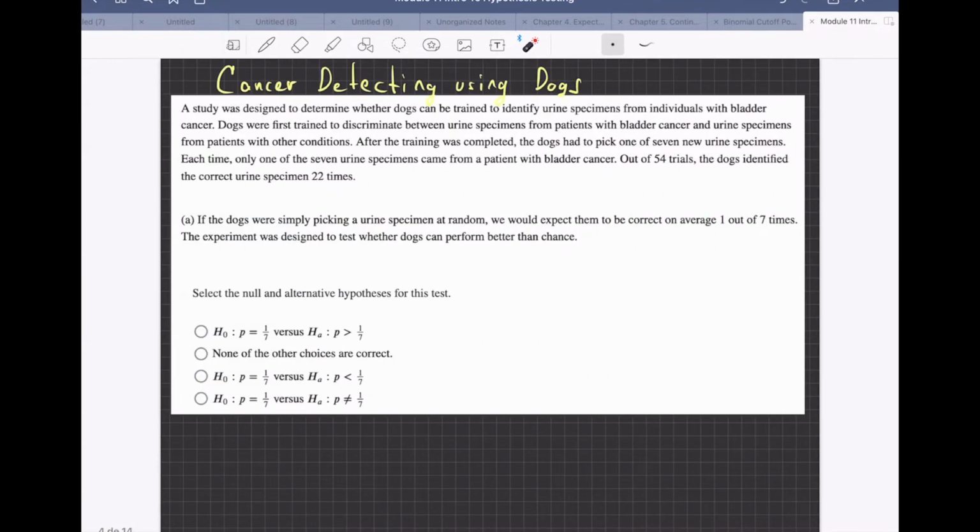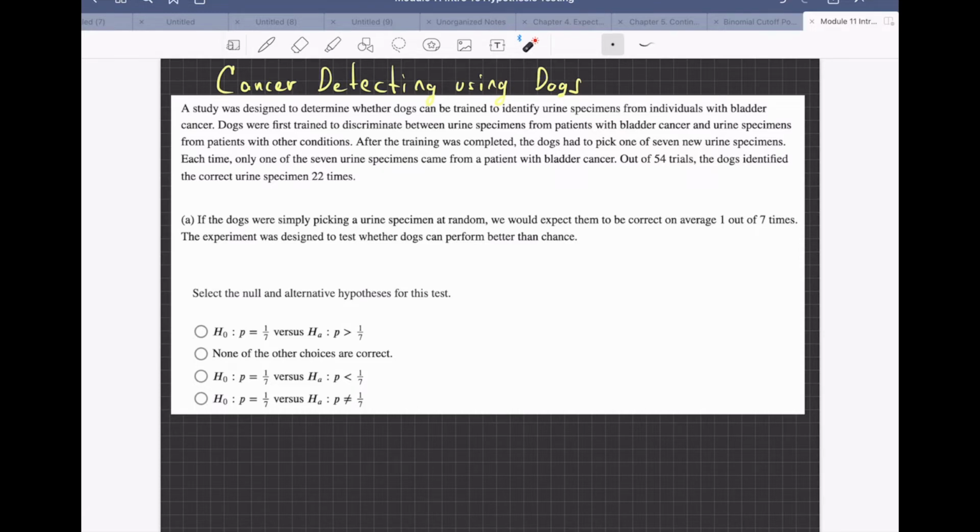Now, let's see one example where we have to set up the hypothesis, compute the p-value, and all of that. All right. First, it says a study was designed to determine whether dogs can be trained to identify urine specimens from individuals with bladder cancer. Dogs were first trained to discriminate between urine specimens from patients with bladder cancer and urine specimens from patients with other conditions.